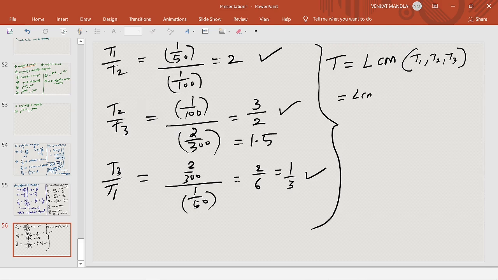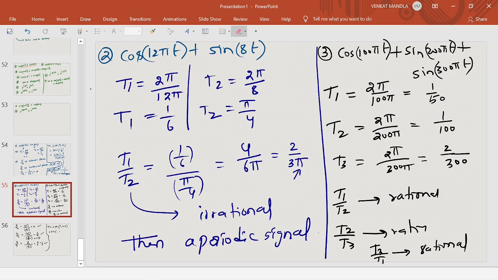So LCM of what is T1? T1 is 1 by 50, T2 is 1 by 100, T3 is 2 by 300.